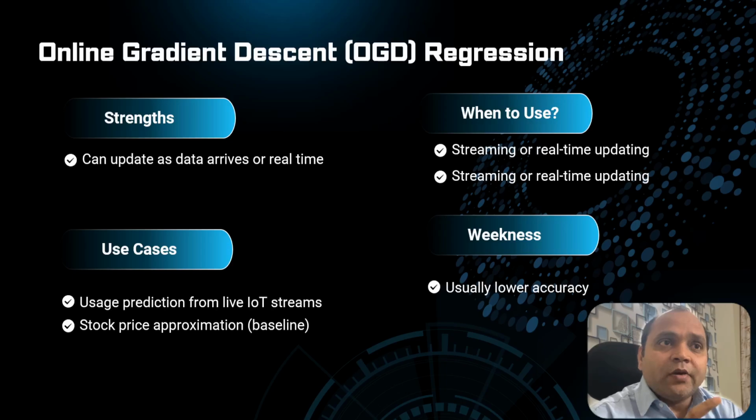In this case, OGD is the best model, but one weakness of this regression trainer is that it produces lower accuracy. The accuracy would not be very high, but it is best for real-time data.